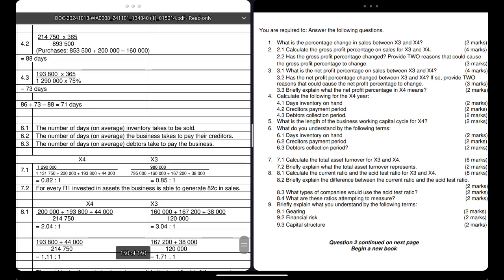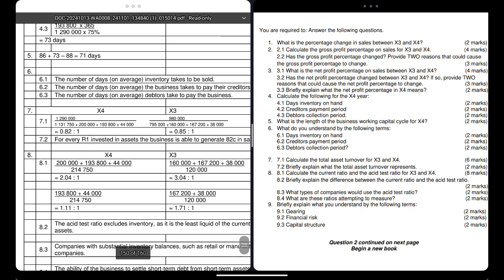So you owe people money, how long it takes you to pay them. The higher the better, because when the creditors tell you that you can pay them later, that's good for you. You can make more money because you can borrow without paying back very soon. Debtors collection period, 6.3: the average number of days debtors take to pay the business. The lower the better, more cash is coming in. Otherwise, my debtors are not paying, that's bad.